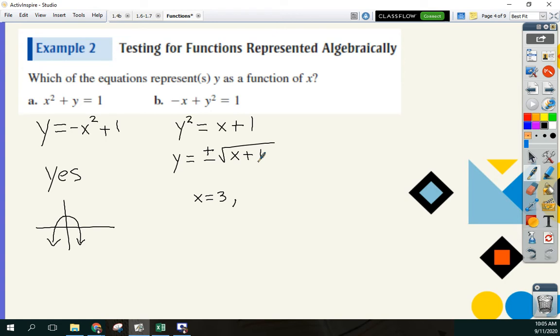And so then I would get 2. But because of that plus or minus, I get plus or minus 2. So I have one x value that's going to 2 different y values. So it would not be a function at that point.